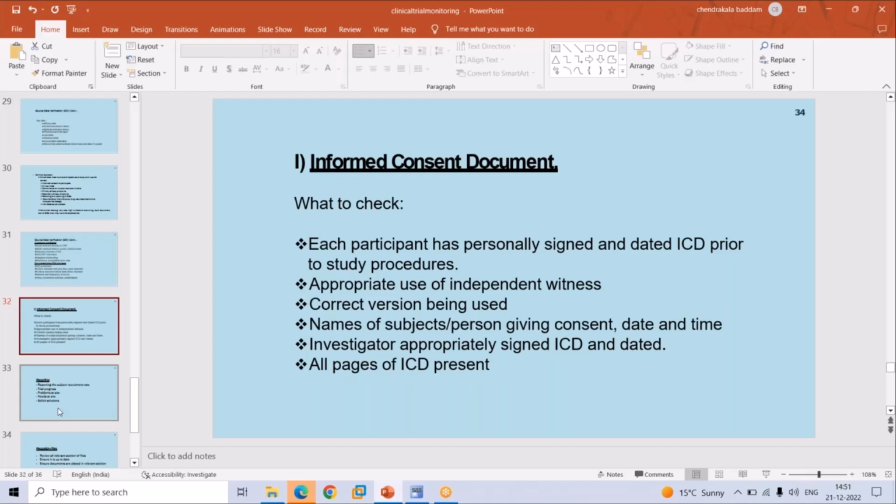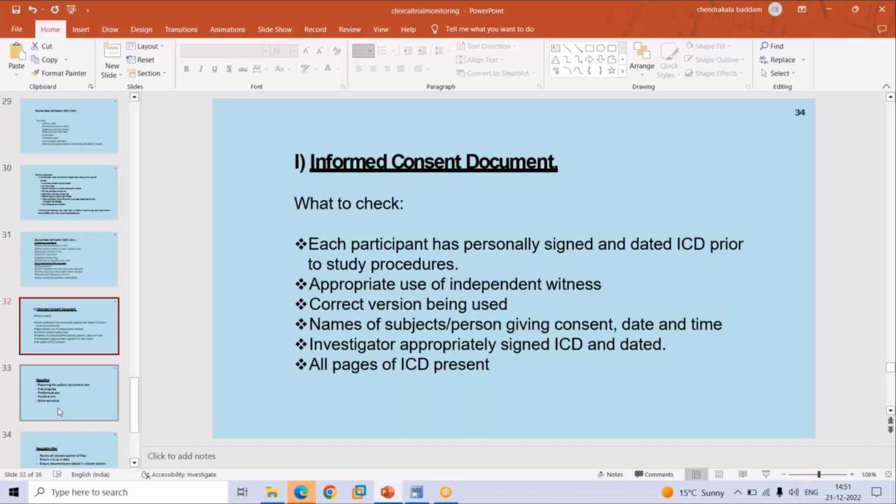Also if the subject is not educated, an illiterate person, or blind, not able to read the protocol or the informed consent, not able to sign. Okay, so that is the appropriate use of independent witness.